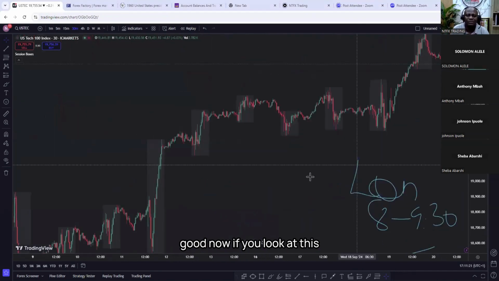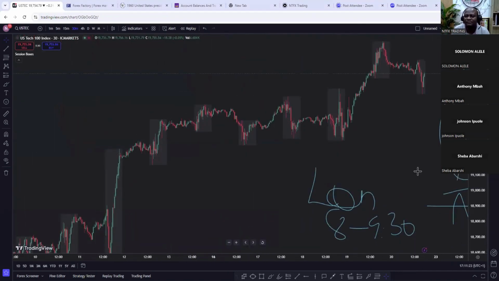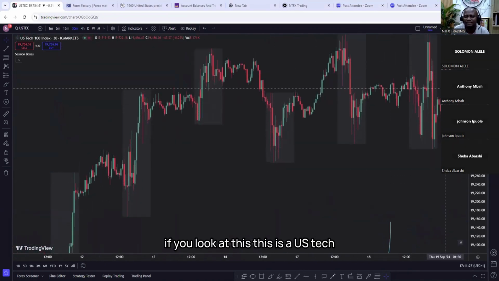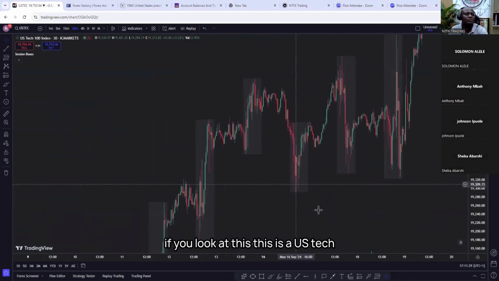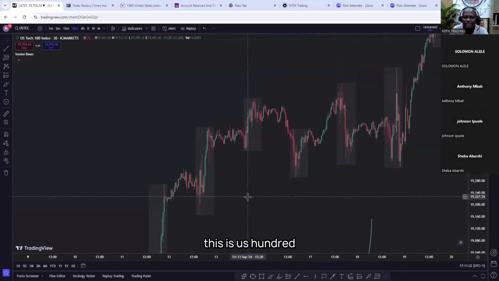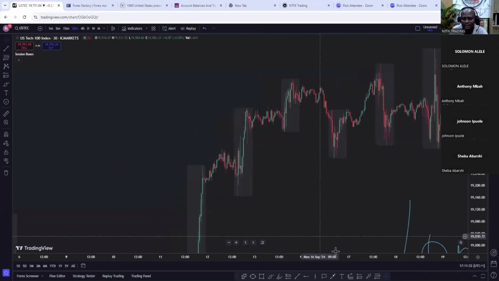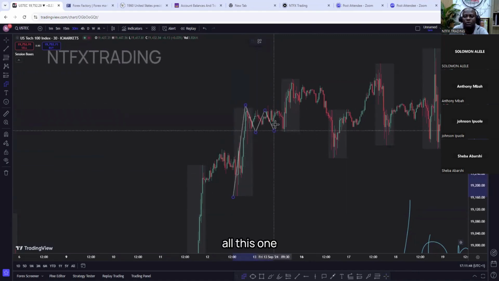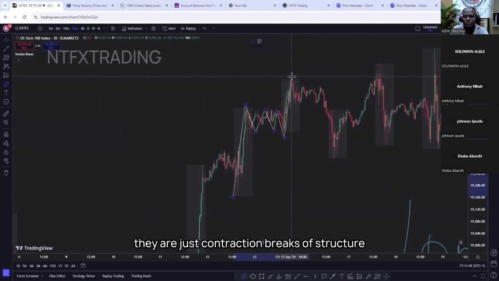Good. Now, if you look at this, this is US Tech, this is US 100. If you look at this, all this one, they are just contraction, breaks of structure.